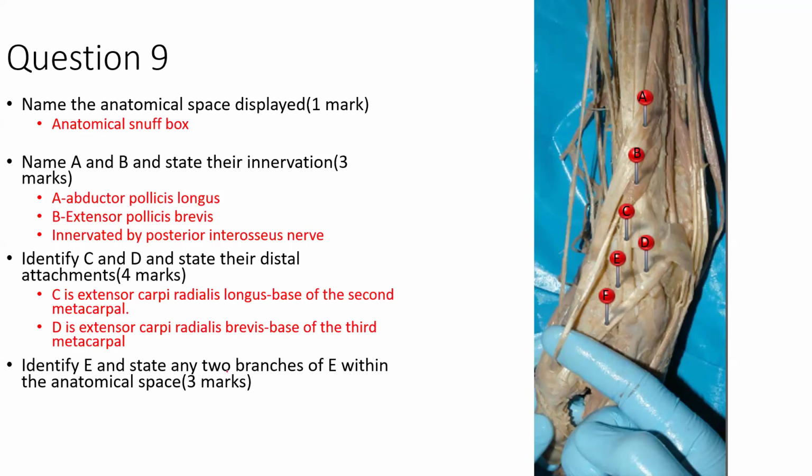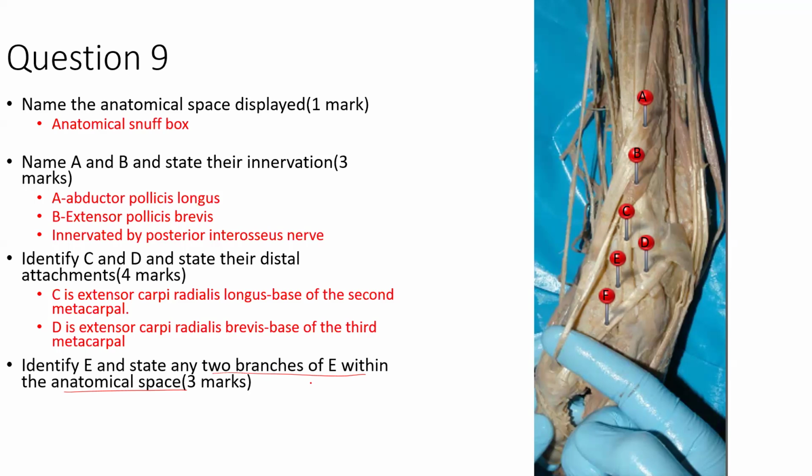Identify E and state two branches within the anatomical space. So what is E? Yes, that's the radial artery. So what are the branches of the radial artery within the anatomical snuff box?